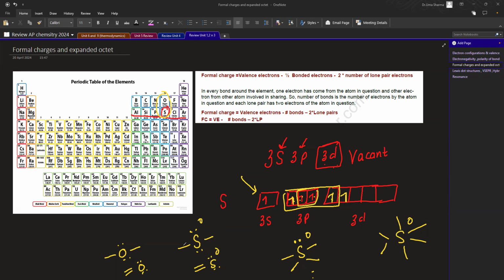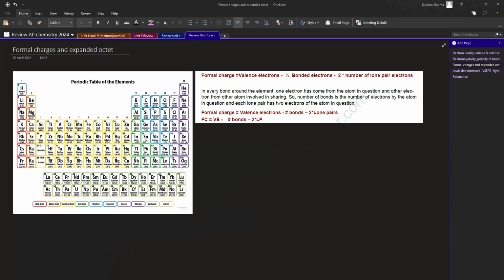Are we understanding this, children? This is very important. So, which elements can show us expanded octet? Third period elements and onwards. All these, they can show you expanded octet.